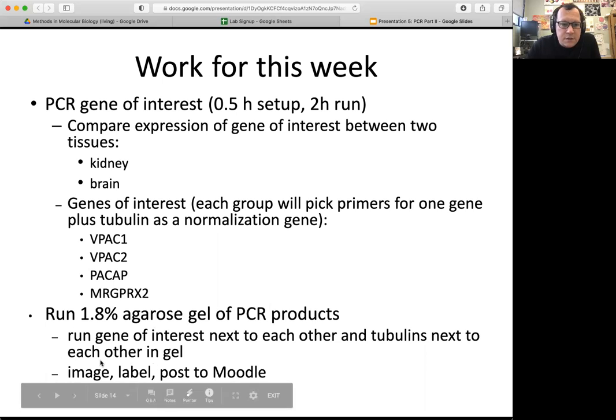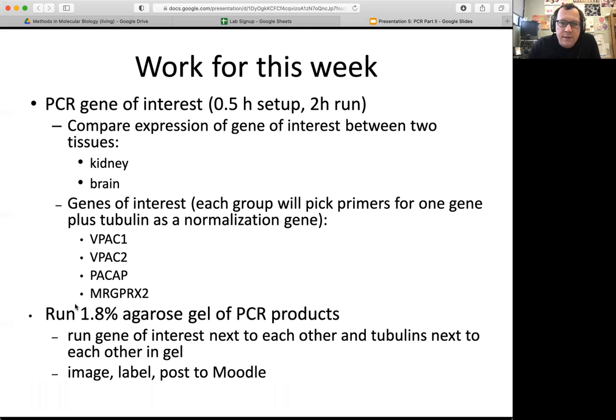And then you're also going to do a 1.8% agarose gel of your PCR products. Again, this takes maybe half an hour to set up and an hour or so to run. Make sure to take a picture of your gel, label it, and post it to Moodle. One thing that's different, make sure you're doing a 1.8% gel.